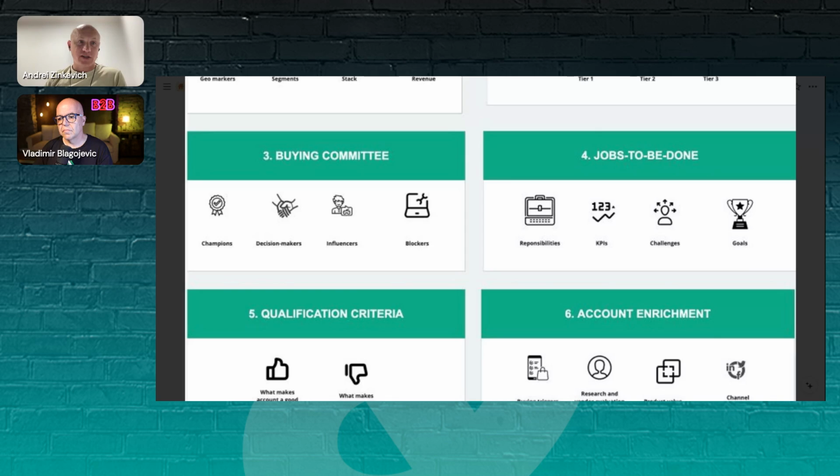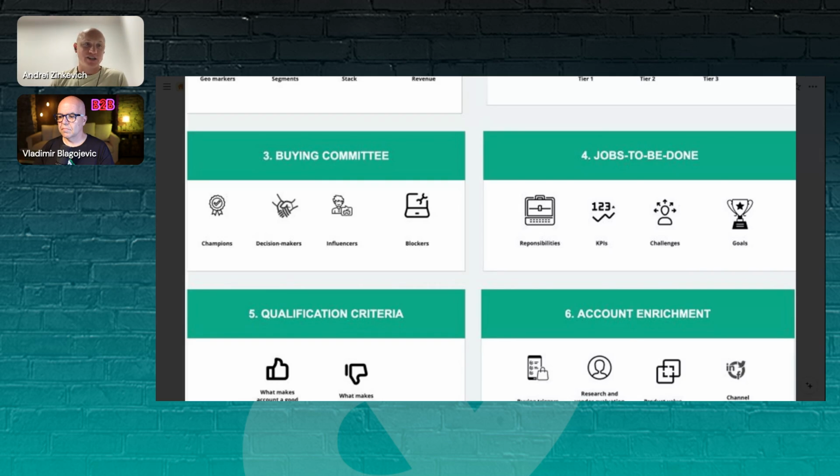One of the most interesting questions is how to define this buying committee, because companies usually think only in terms of decision makers. Hey, we sell to a VP of IT. Just bear with me, to give you an example, if you apply VP of IT to any corporate account, you might end up with hundreds of potential buyers, right?